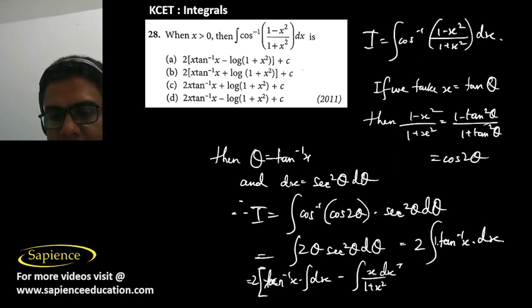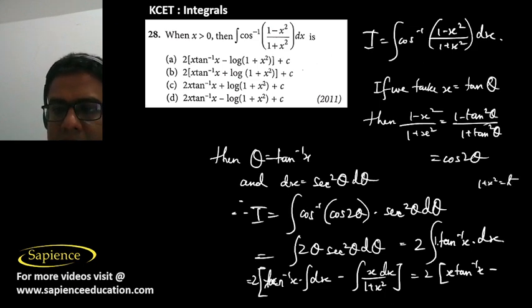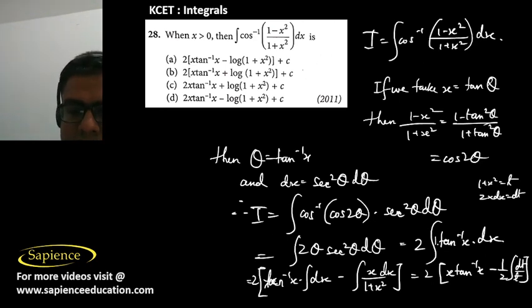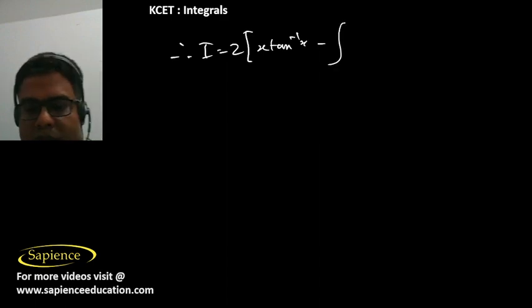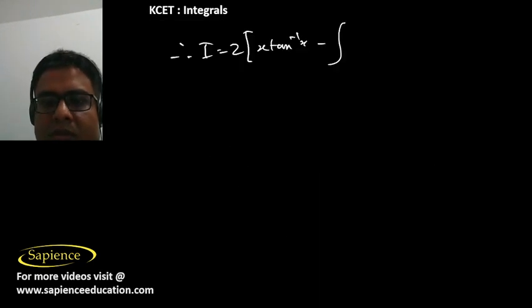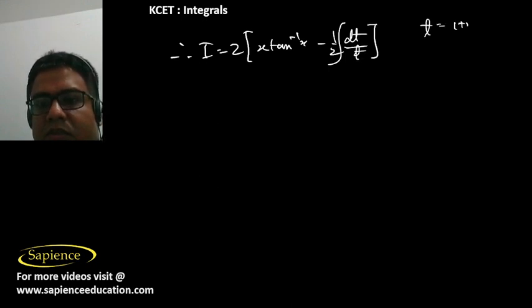into dx. So this will be 2 into x tan inverse x minus, if I take 1 plus x square as t, then 2x dx will be equal to dt. So this is integral dt by 2, so half integral dt by t, so this is log mod t. So therefore it is coming 2 into x tan inverse x minus half of integral dt by t, where t is equal to 1 plus x square.